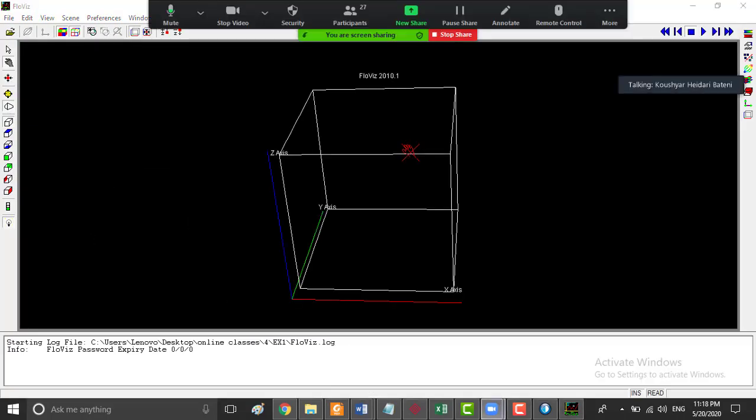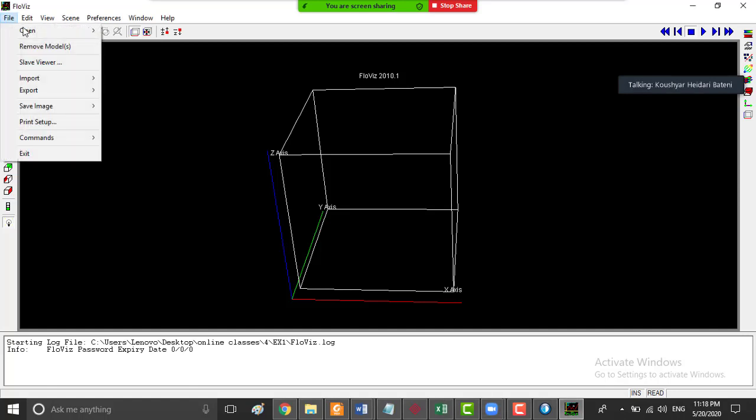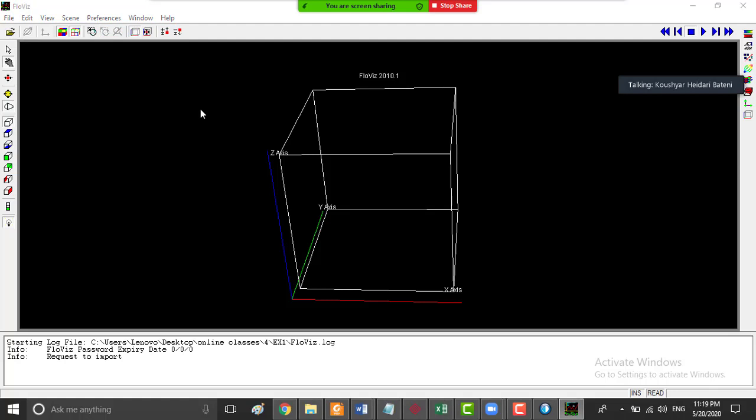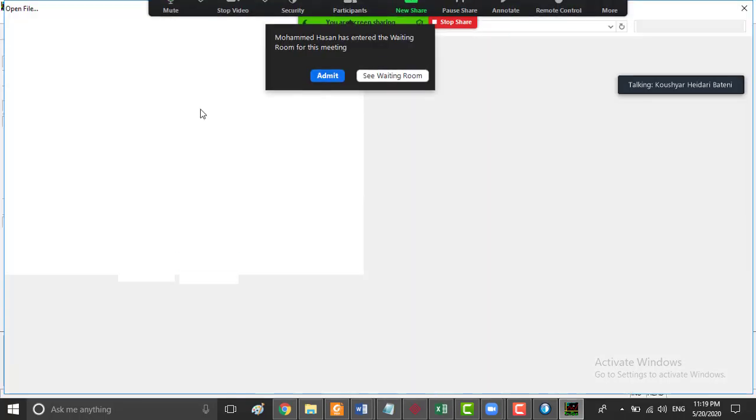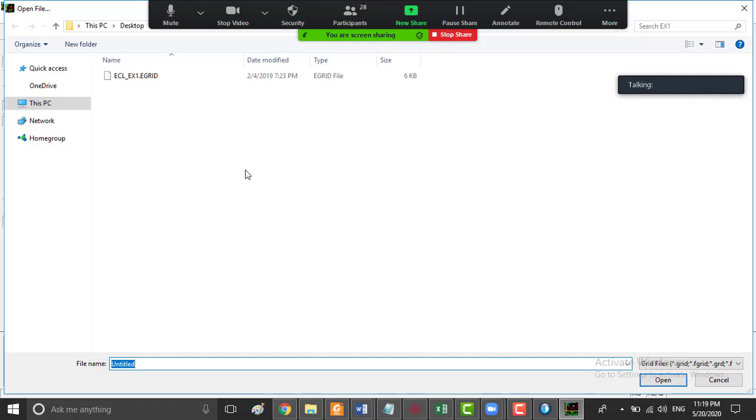Now hopefully you are seeing the FlowViz, right? Yes, sir. Very good. Now I'm opening up the simulation for this data file that we were working on. Example 2 underline zoning.